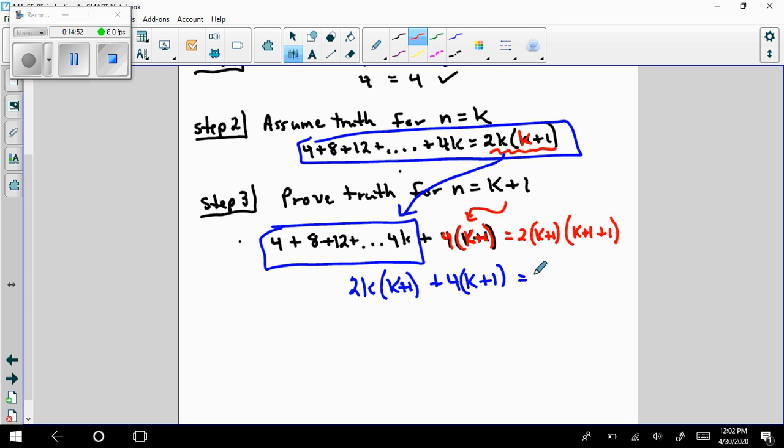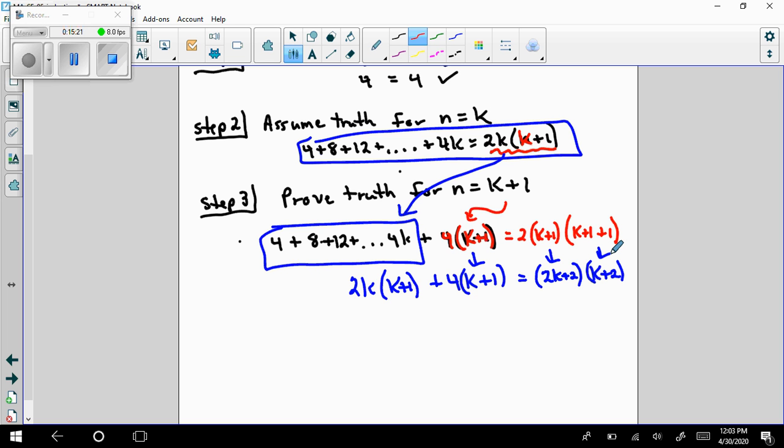That should equal, let's see if I can simplify this a little bit, 2 times k plus 1 times k plus 2. Now it's just a matter of simplifying. Okay, so there is my 4 times k plus 1. There's where I distributed.